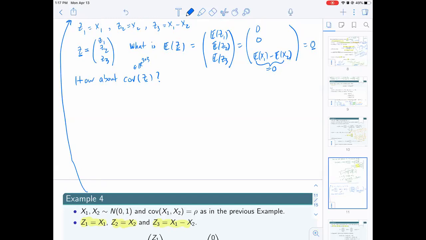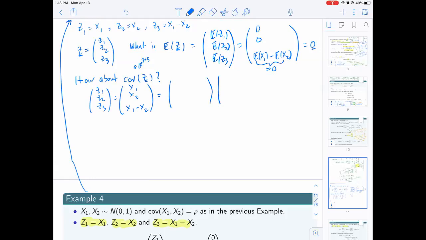Can we just say, if you write it out in column form for Z and substitute x1, x2, you can say that Z is a 3 by 2 matrix times a 2 by 1 matrix? The 2 by 1 matrix is just x1 and x2.